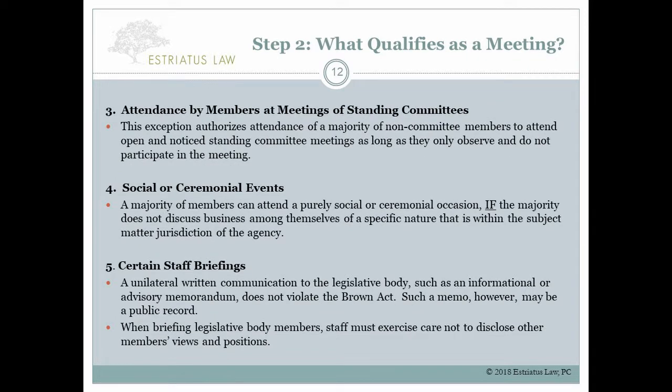The third exception is that attendance by the members at meetings of standing committees is permitted, so long as non-committee members only observe and do not participate in the meeting.